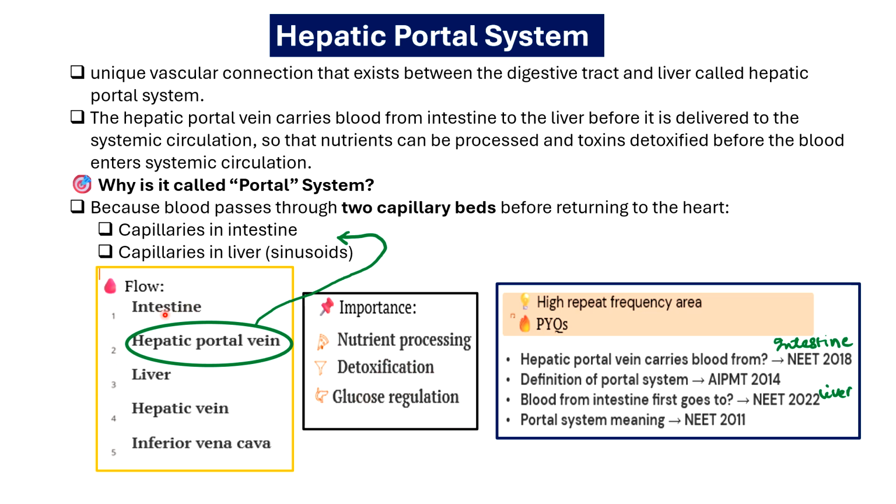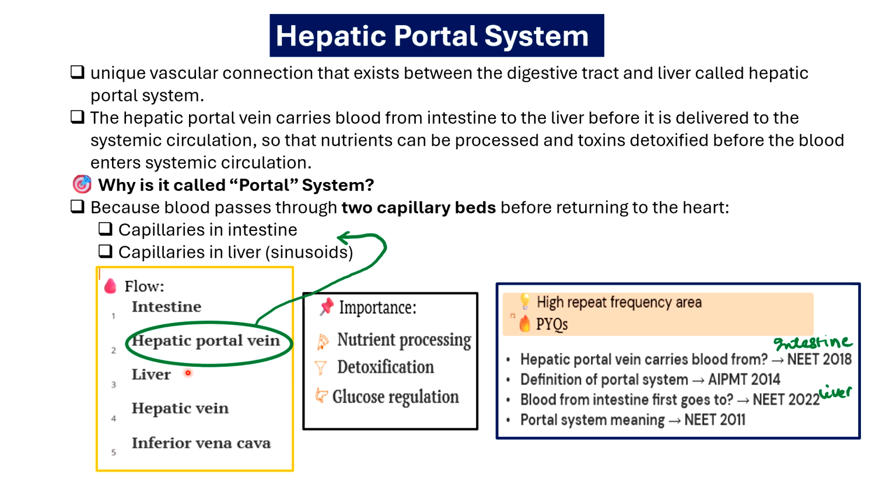So blood from the intestine does not pass directly to the heart through the inferior vena cava. Rather, from the intestine blood passes to the liver through the hepatic portal vein. This portal vein consists of two capillary beds: capillaries of the intestine and capillaries of the liver.